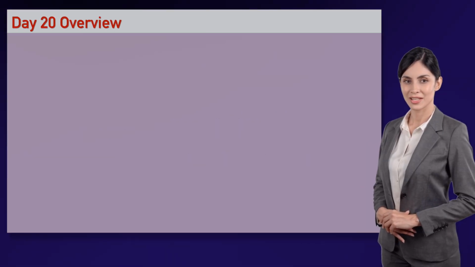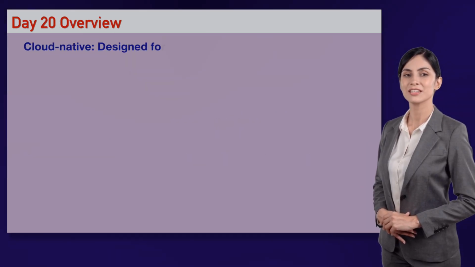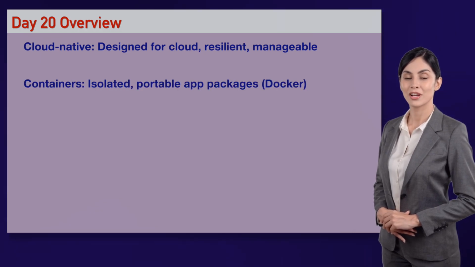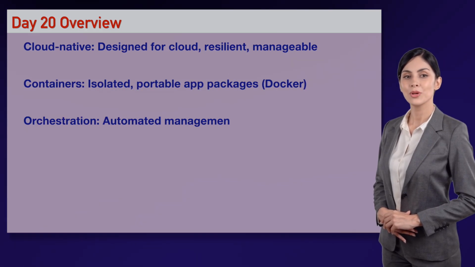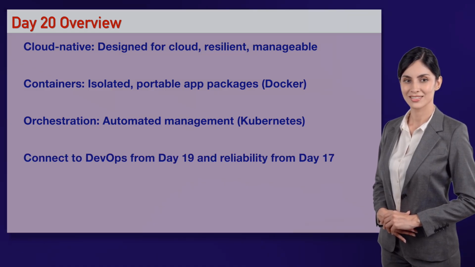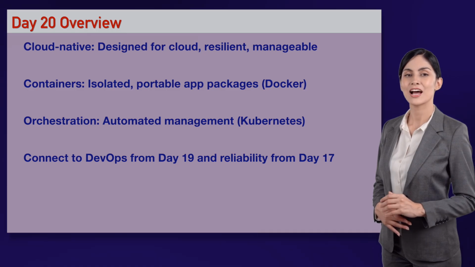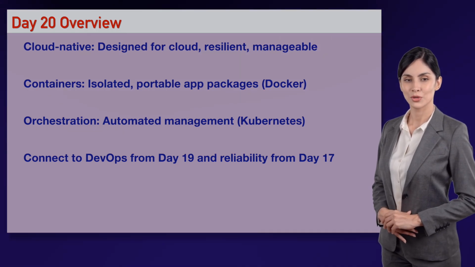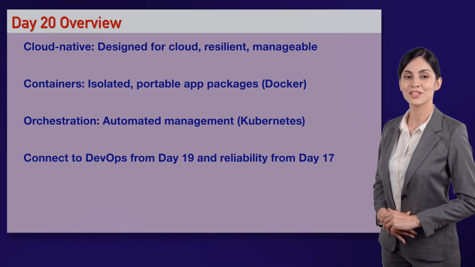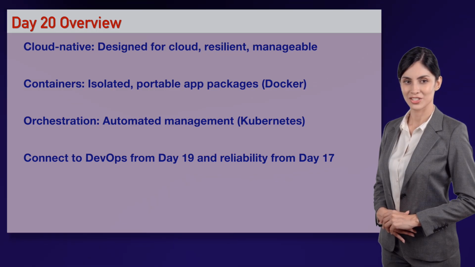Let's provide a more expansive overview for day 20 to clearly map out the terrain. Cloud native architecture refers to building and running applications that exploit the advantages of cloud computing models, emphasizing resilience, manageability, and observability. We'll explore containers as lightweight, isolated packages for applications and their dependencies, using Docker as the prime example for standardization.